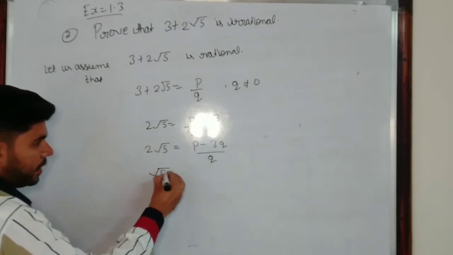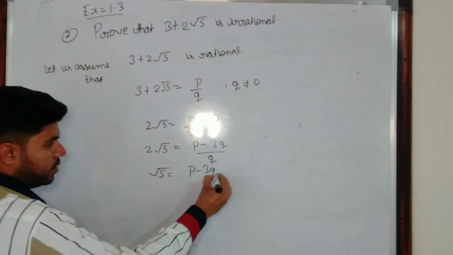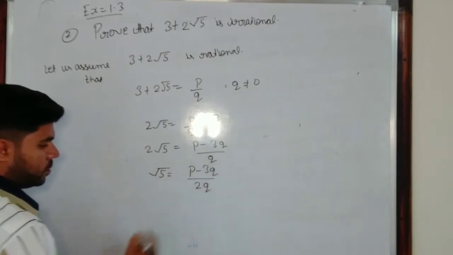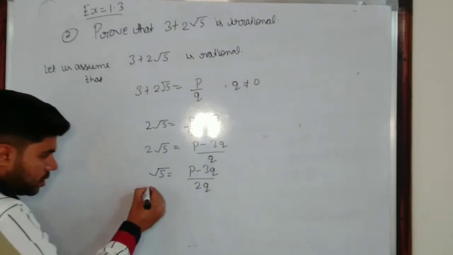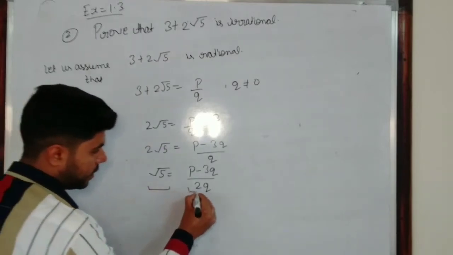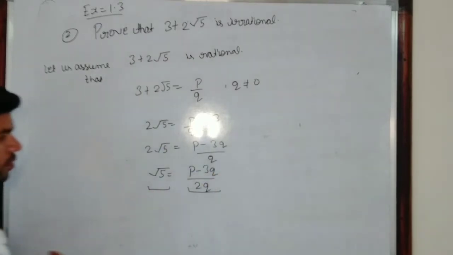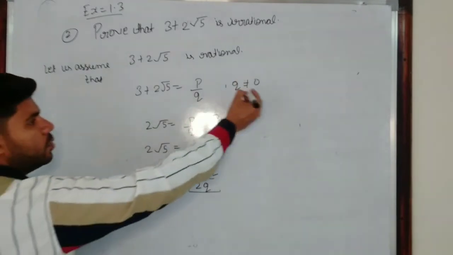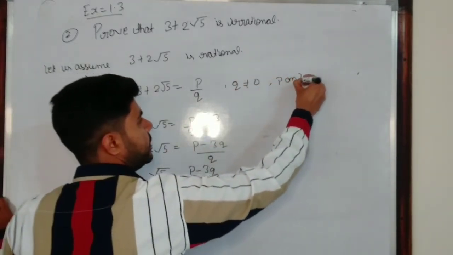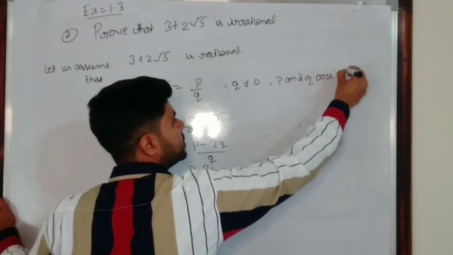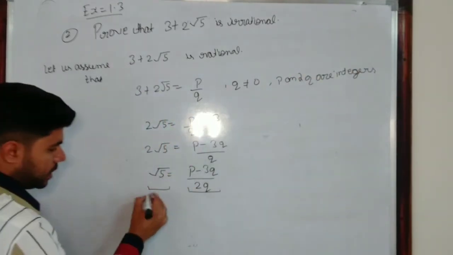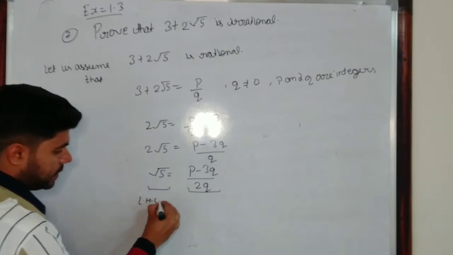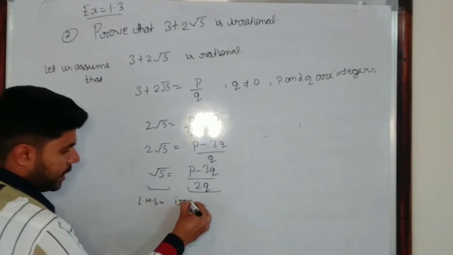Now root 5 is equal to p minus 3q upon 2q. Look at this: this is root 5, and this is p minus 3q upon 2q. Here p and q are integers, they can be any integers.